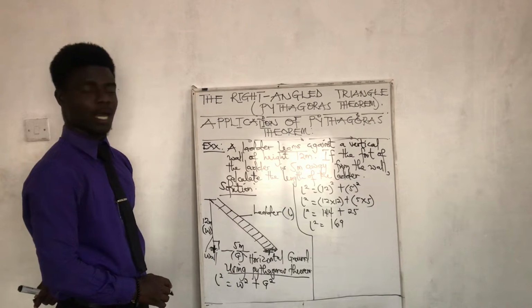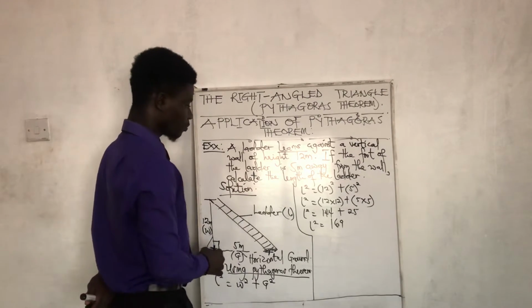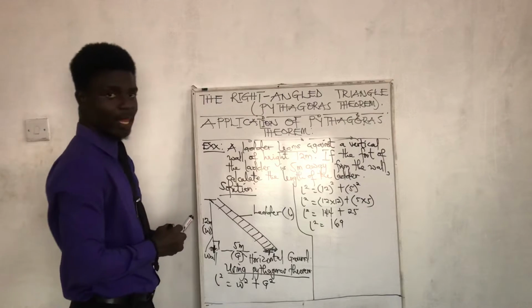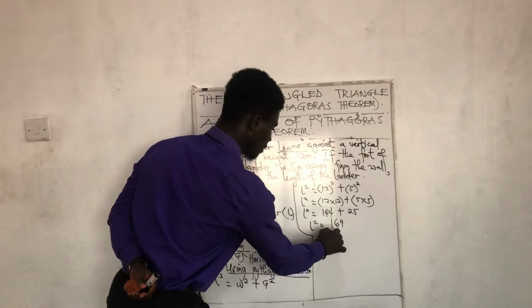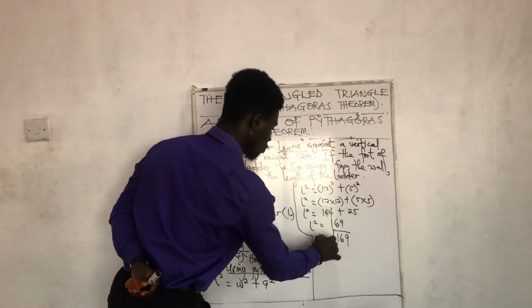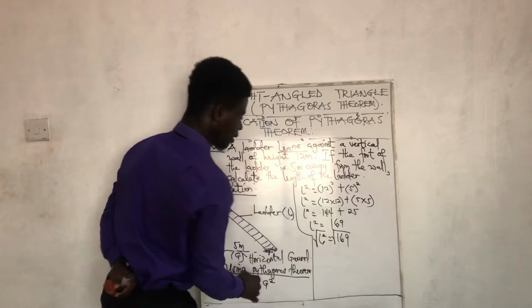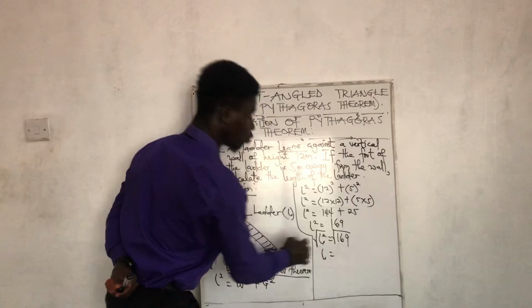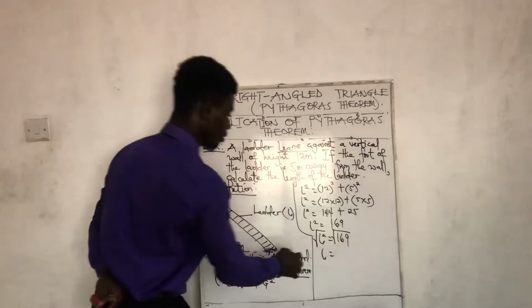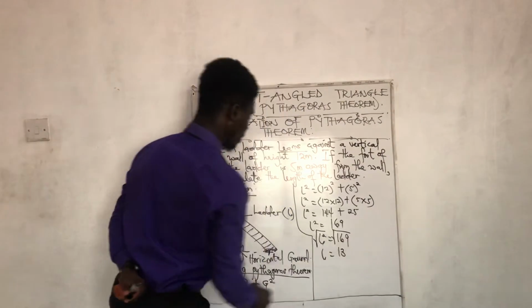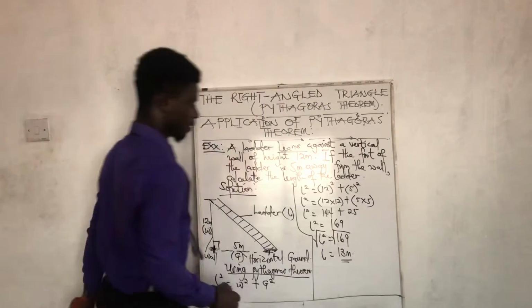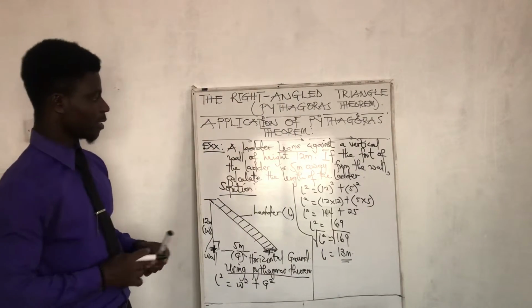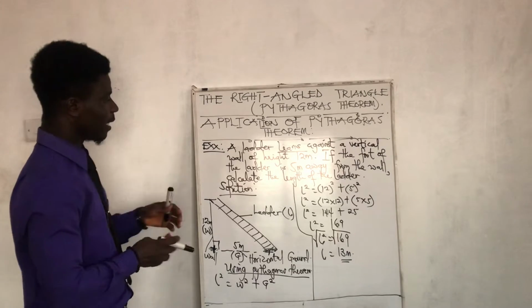Very simple calculation. We want L, so we have to take the square root of that. So L equals the square root of 169, which gives us 13. Our unit is meters, 13 meters.